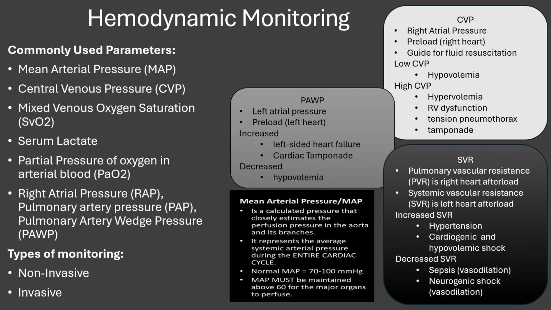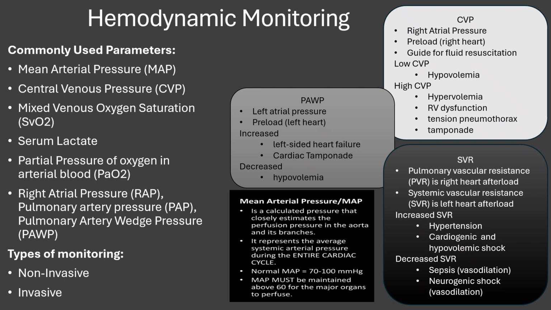We're going to discuss some terms you may hear when discussing hemodynamic monitoring. First is your MAP. And remember, your MAP needs to be 60 to 65 minimally under everyday circumstances in order to perfuse your kidneys.